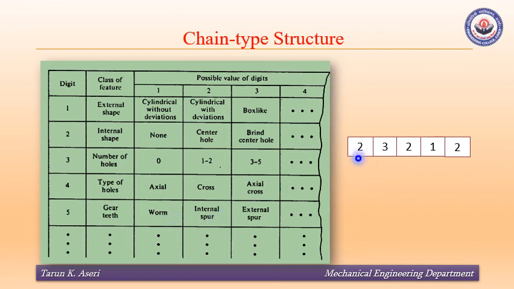So if the part has this code, 23212, it means we are going to have a chain system that belongs to cylindrical, blind hole, 1 to 2 holes, axial and spur gear. This chain is going to describe the product, and that makes a code for the product.